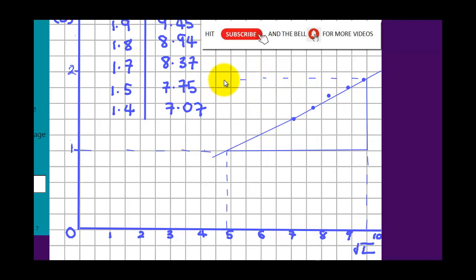So I'm going to trace my lines to this point.